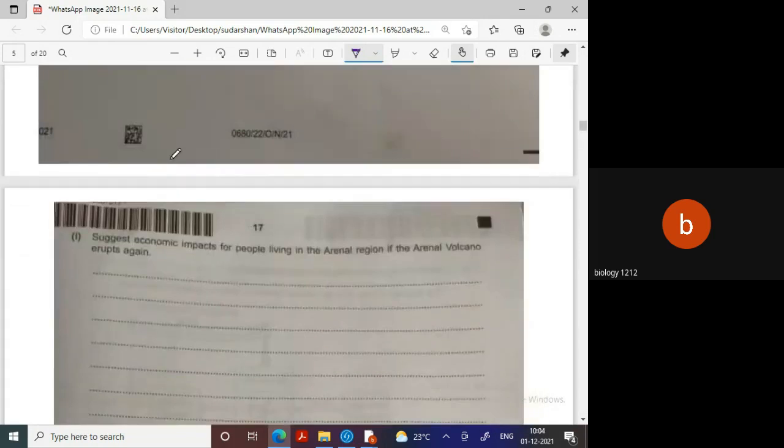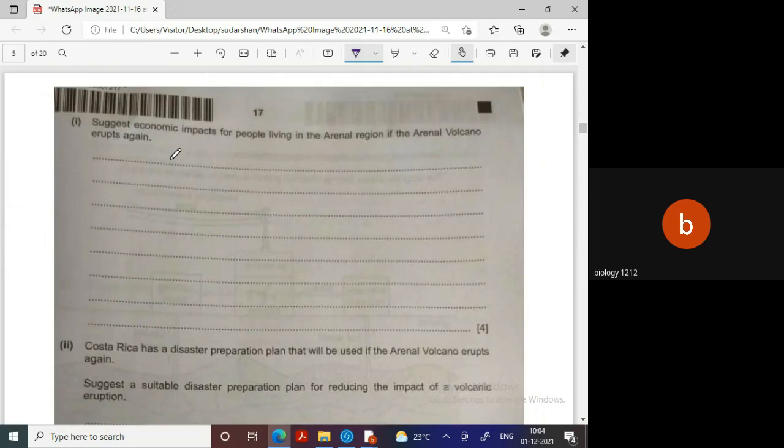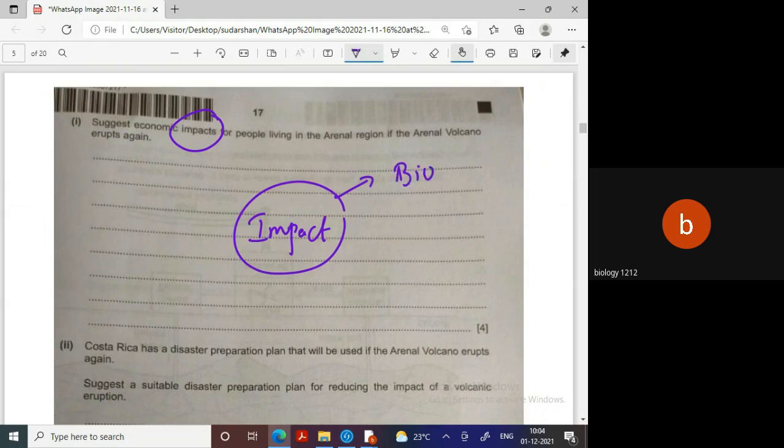So the first question that they asked you is to suggest the economic impact for people living in the Arenal region if the Arenal volcano erupts again. So what would be the problems? Impact here we can mention. Please check out these points. First of all, it will affect the biological world there.